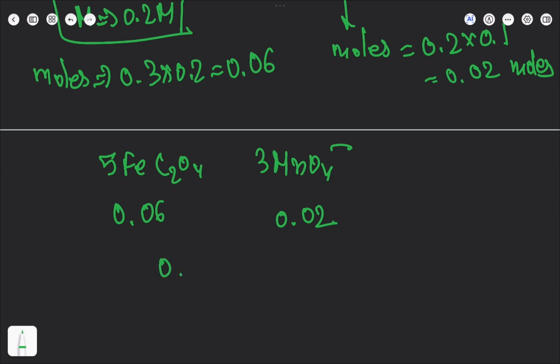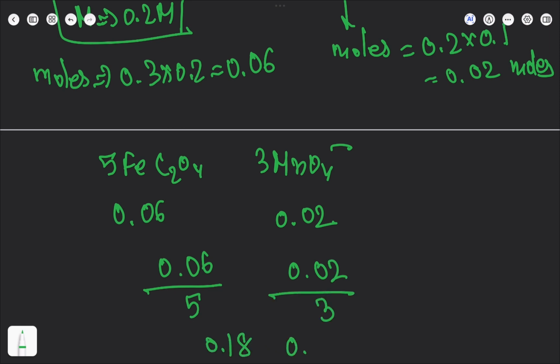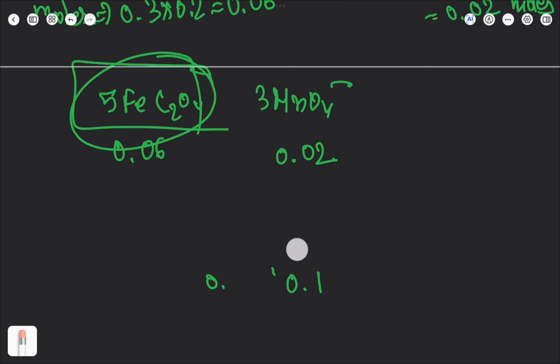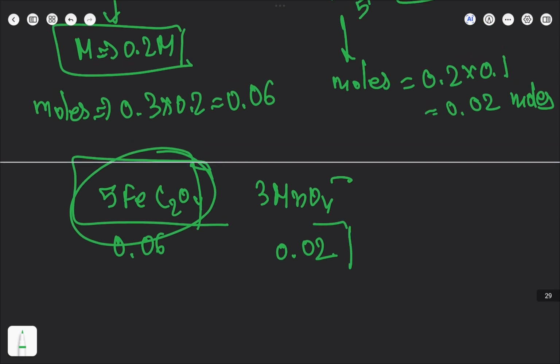Comparing both of them, I find that 0.18 and 0.1, this is in excess. So if I want to find the amount of CO2, I would take this.